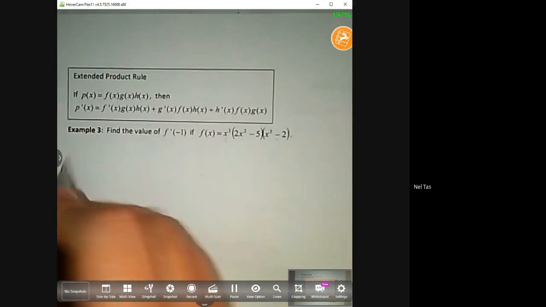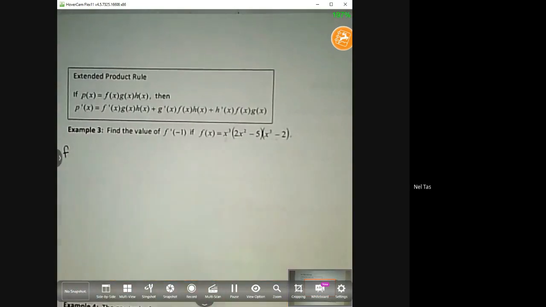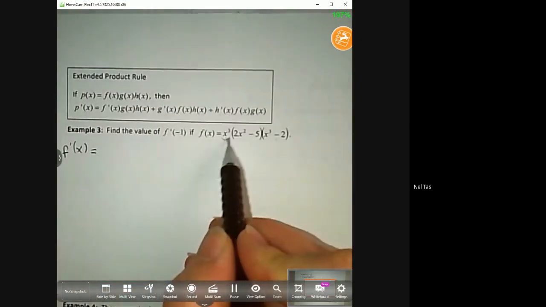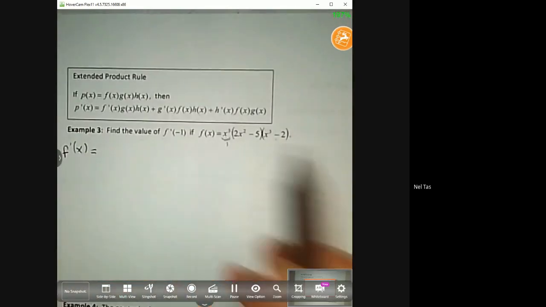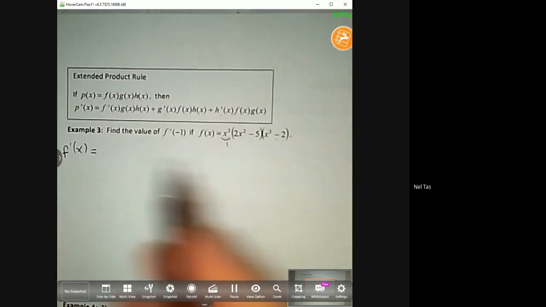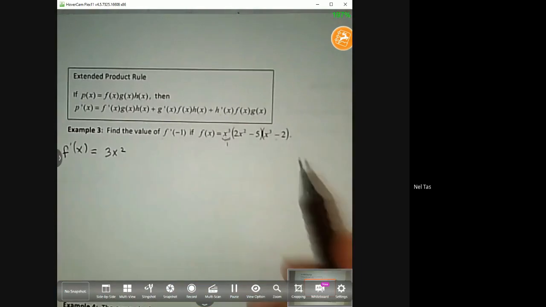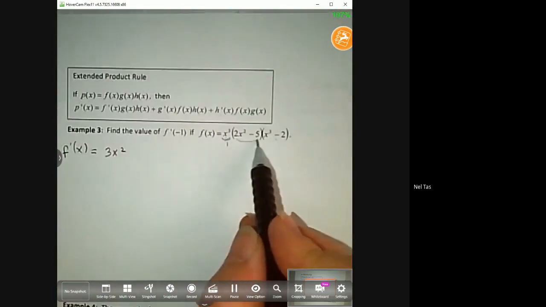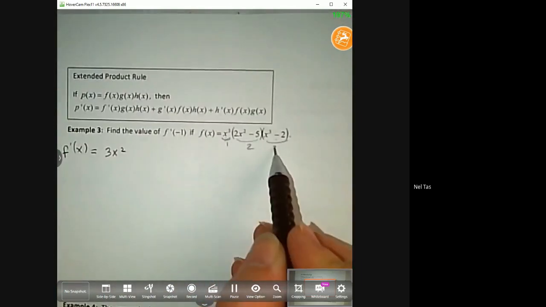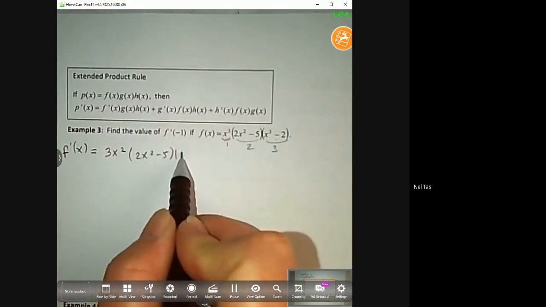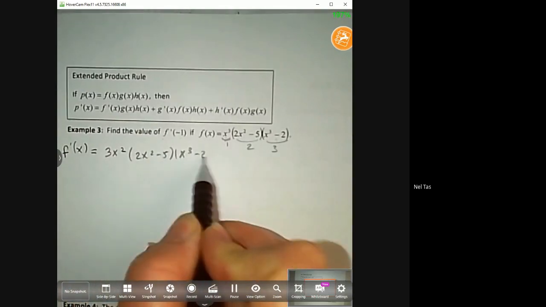Let's then take the derivative. The derivative of the first function: derivative of x cubed is 3x squared, times the second and third functions, 2x squared minus 5, x cubed minus 2.